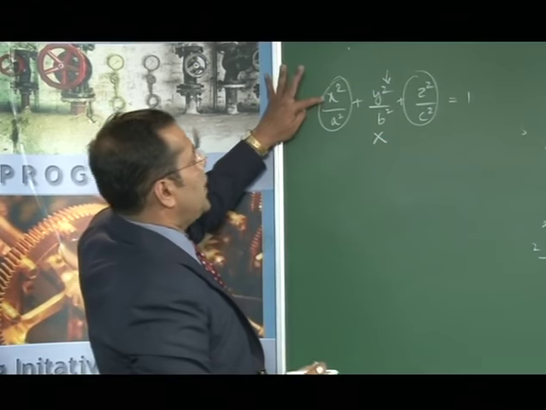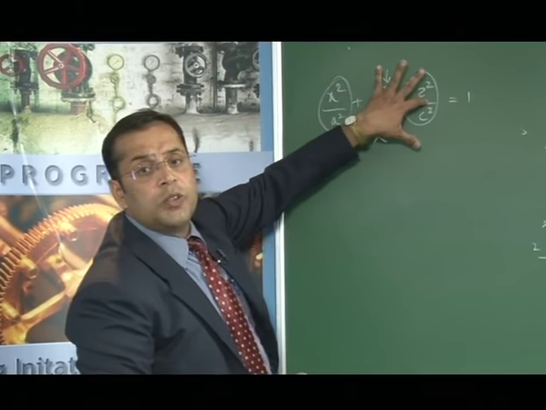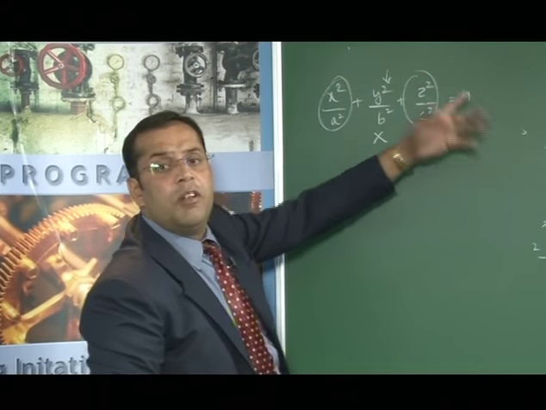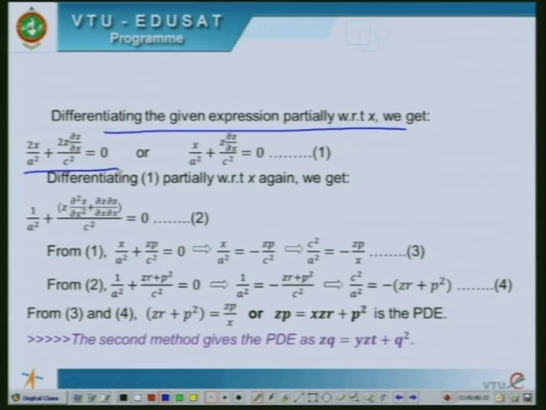So, x square gives 2x by a square, then z square gives 2z dou z by dou x by c square, equal to derivative of 1, which is a constant, equal to 0. Cancelling 2 because RHS is 0, you get x by a square plus z into dou z by dou x by c square equal to 0. Let us call that equation 1.